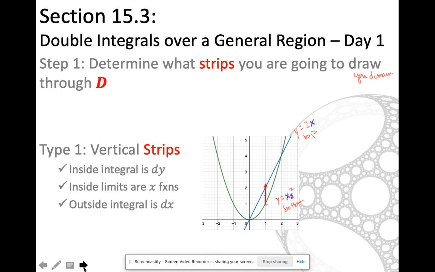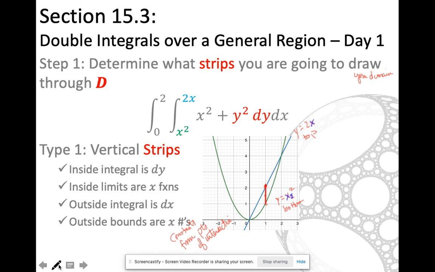Then I'm going to go to my outside integral, which is dx, and my outside bounds are the constants. Now, where did I get those constants? From your points of intersection. Okay, and we already know that's 0, 0, and 2, 4, so we're going to be using 0 and 2.